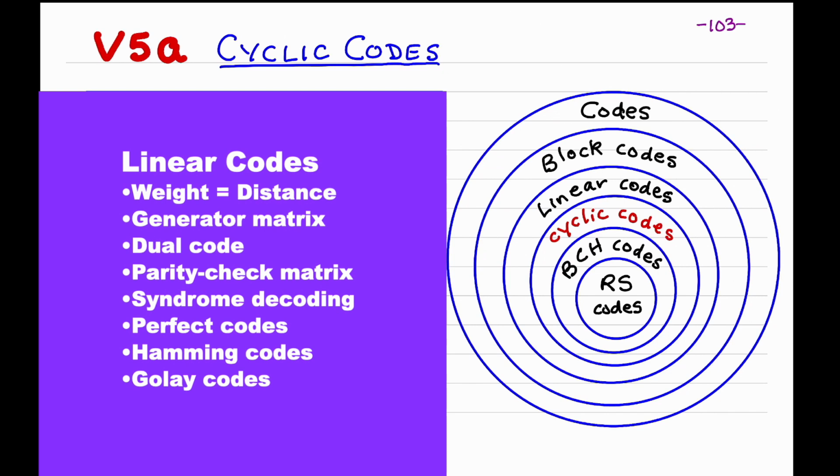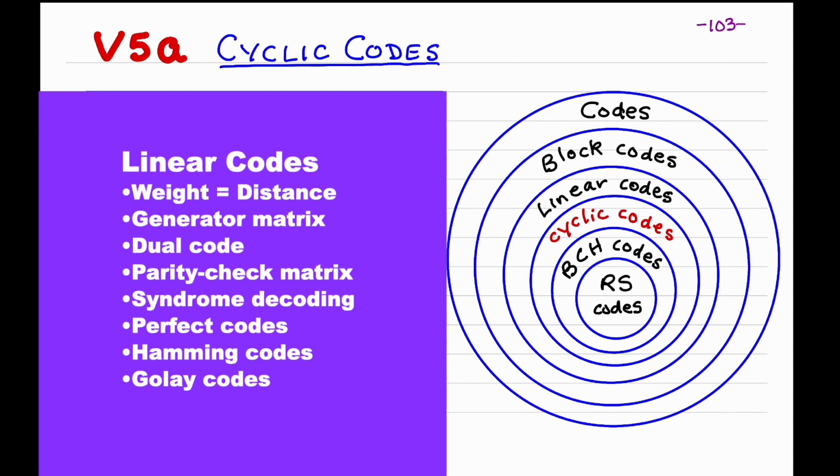And this yielded a very efficient encoding algorithm. Perhaps more importantly, we saw that every linear code has a dual code. A generator matrix for the dual code is called a parity check matrix for the code. And the PCM told us a lot about the code itself.